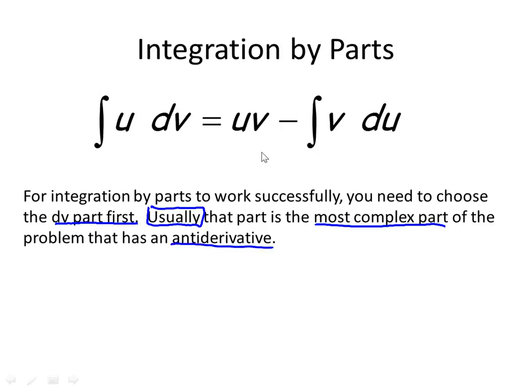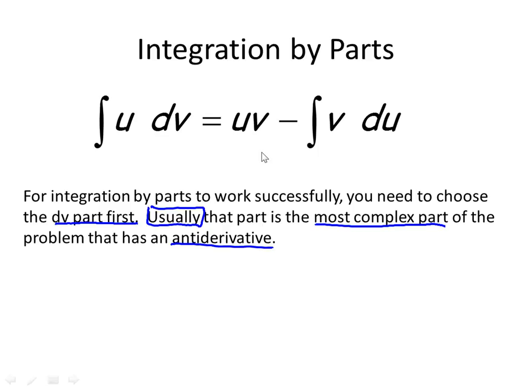So if you can't find an antiderivative for your dv, you've chosen the wrong dv. The hardest thing to do is to choose your parts correctly. First and foremost, when you choose the dv part, make sure you can integrate it. If you can't, then you need to go back and fix it.